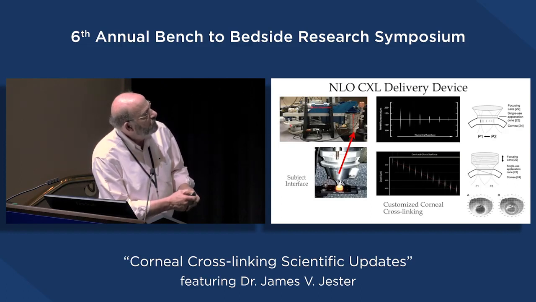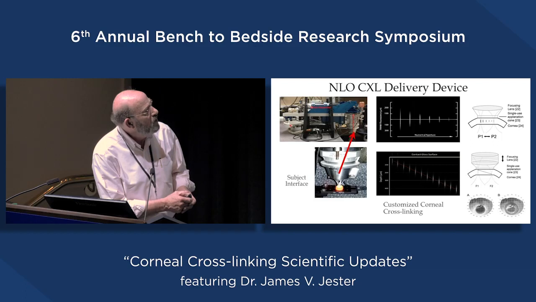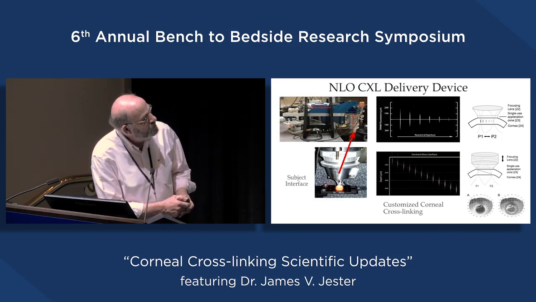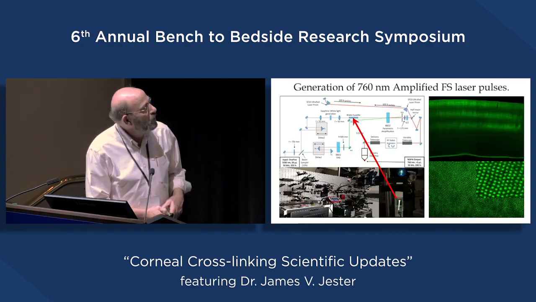These are the axial fluorescent images in a riboflavin taken with a camera. You can see this is about 150, maybe 200 microns long and 2 to 3 microns wide. By changing it, we can change the length of that within the tissue. We can also vary the depth, so we can create any kind of geometric pattern we want inside the cornea.